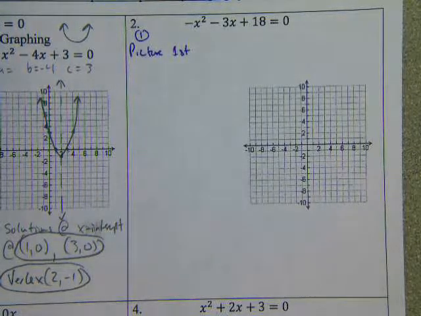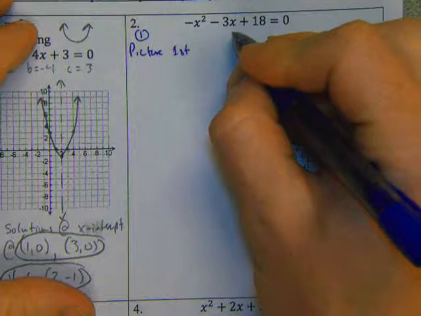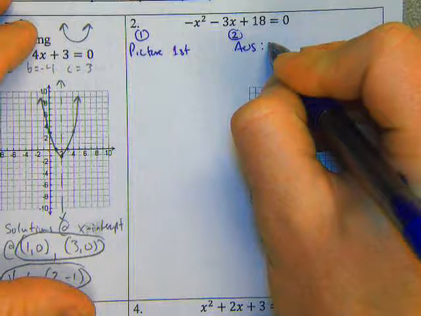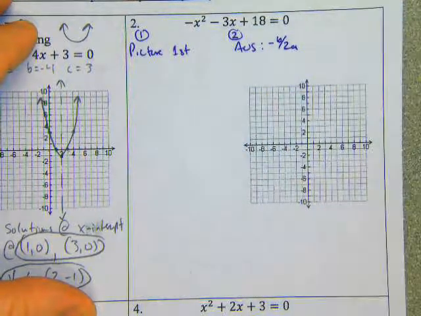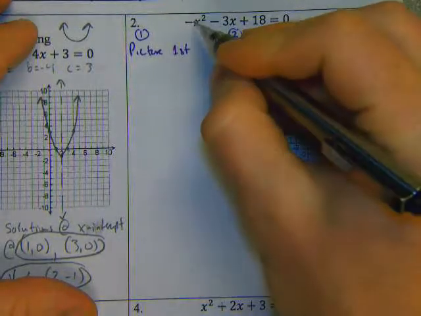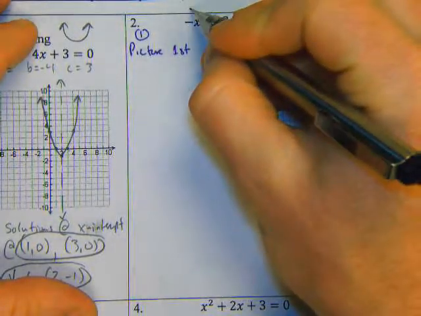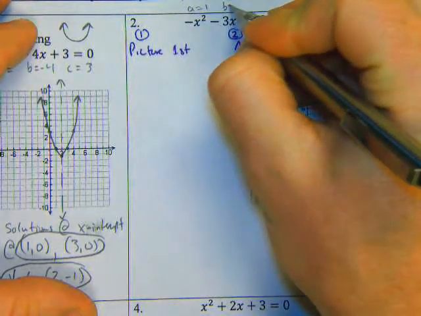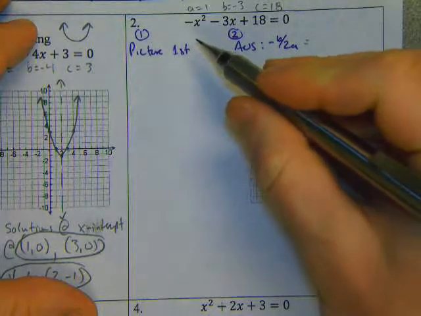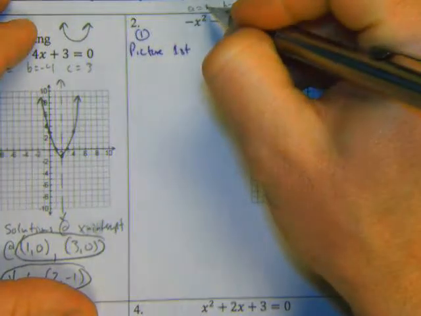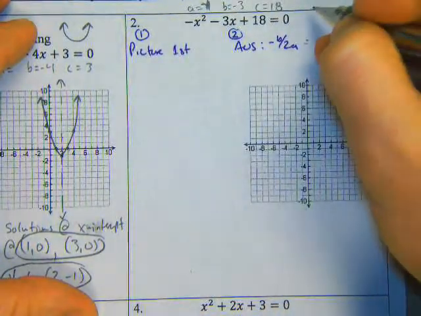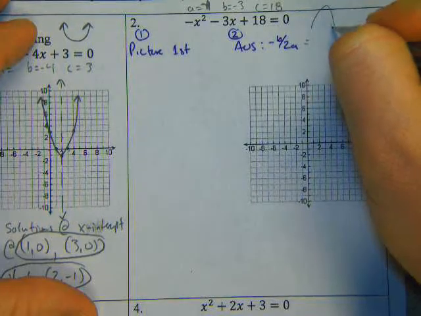So when I do the picture first, I'm going to go axis of symmetry. Negative b over 2a. Which is, looking at my curve, A is -1, B is -3, C is 18, and -1, I know that the curve is going to be down.